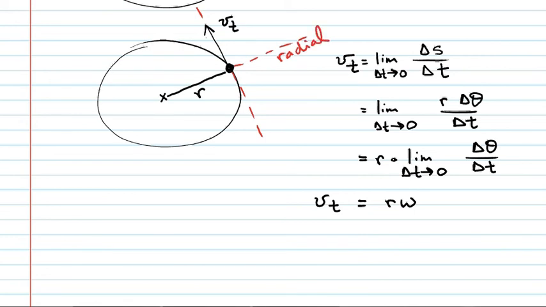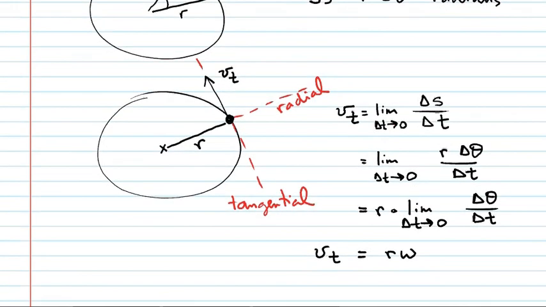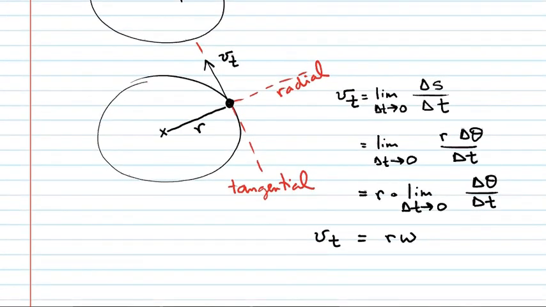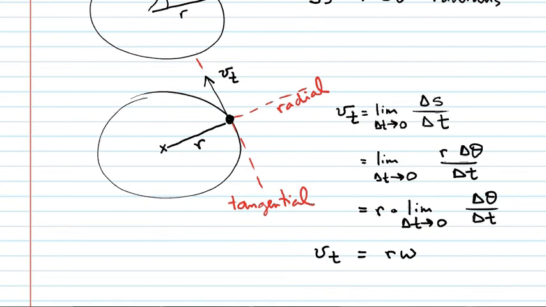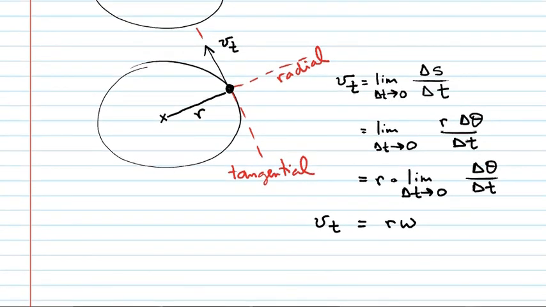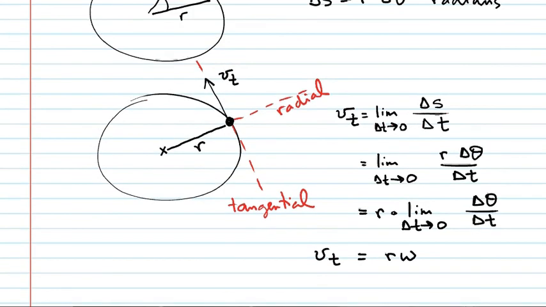And the axis that includes the velocity itself is the tangential axis, because it is tangent to the circle. The velocity lies within the tangential axis, so the velocity is entirely tangential when you have a rotation around a fixed axis.